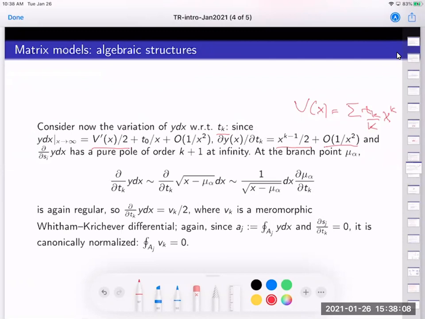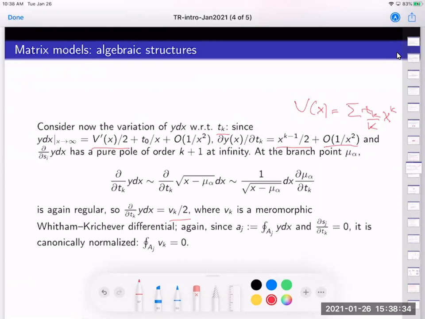At the branch point it's again regular. So now we obtain a differential that is regular everywhere except infinity, where it has a pure pole of some fixed order. And these are the meromorphic Krichever-Whitham differentials.